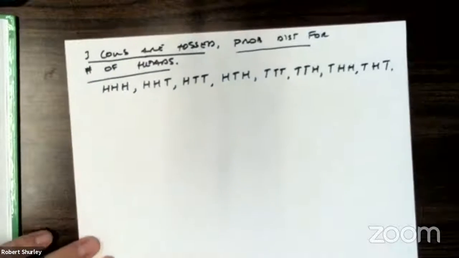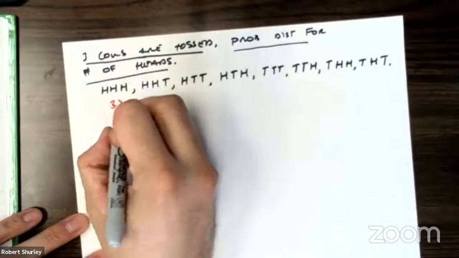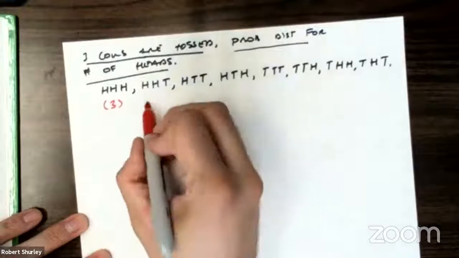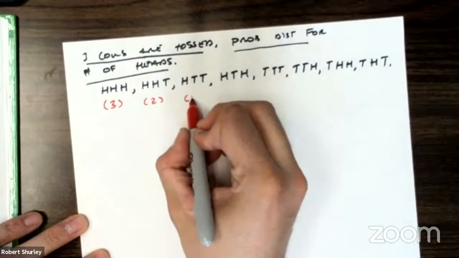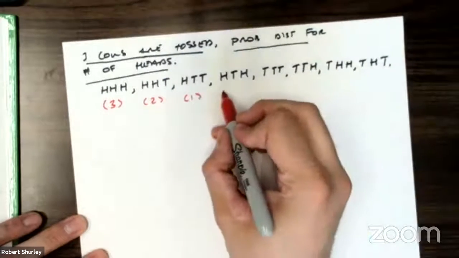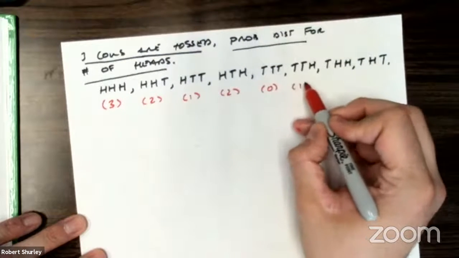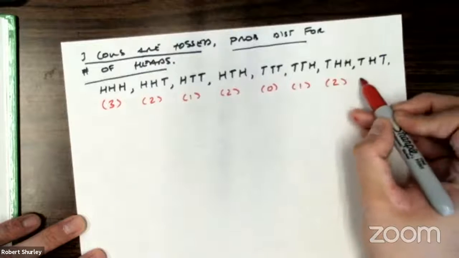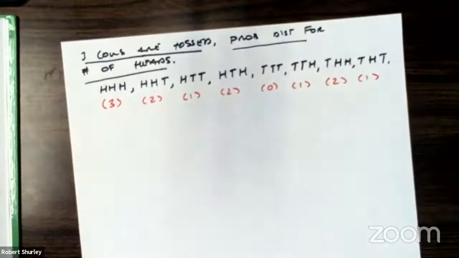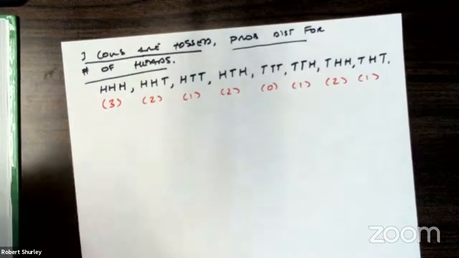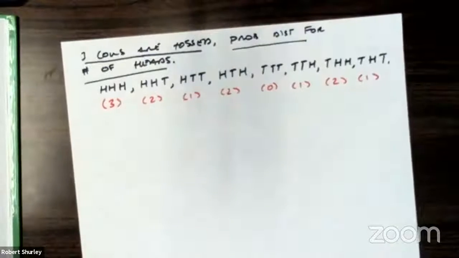So if we look at this first outcome, we've got 3 heads, right? The second outcome, we have 2. The third outcome, we have 1. The fourth outcome, we have 2 heads. This one, we have 0 heads, right? This one, we have 1, 2, and 1. Okay? So this is just the number of heads.